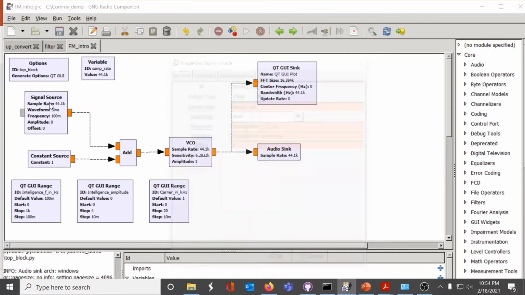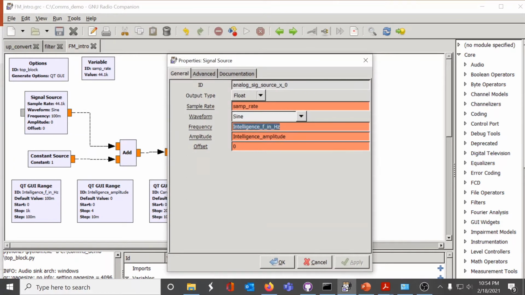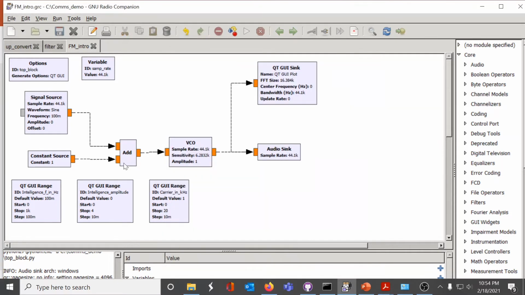And then our signal source here, we're going to call that the intelligence with a frequency in hertz. Both of these output a voltage. The adder simply adds them together. We have an audio sink, which will allow us to hear the output. And there's a GUI sink, which will allow us to see things in the frequency and time domain.